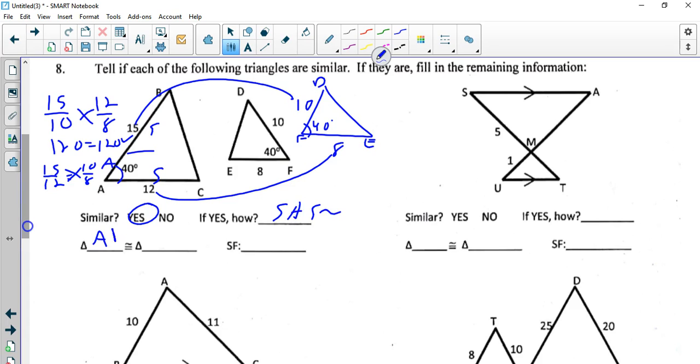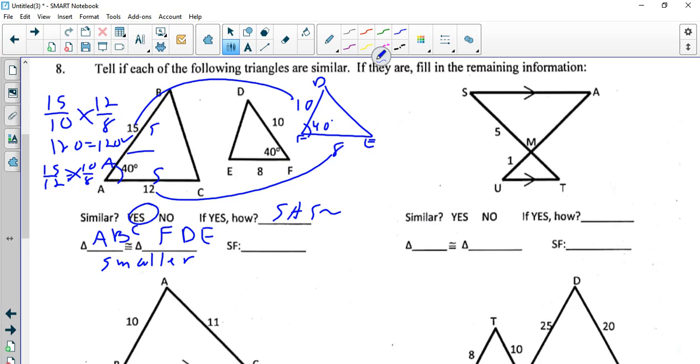Now, you can pick any way you want to, ABC first or FDE first, and the order doesn't matter. You can call it CBA. But if I'm going from ABC to FDE, what's happening? Okay, what's happening is it's getting smaller.